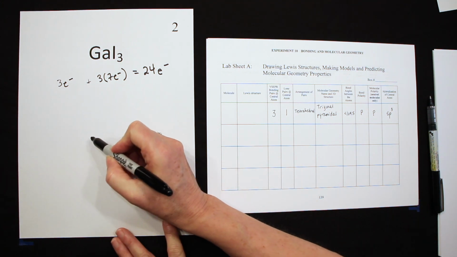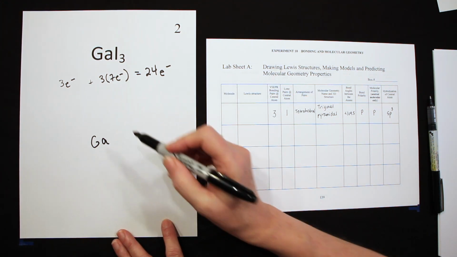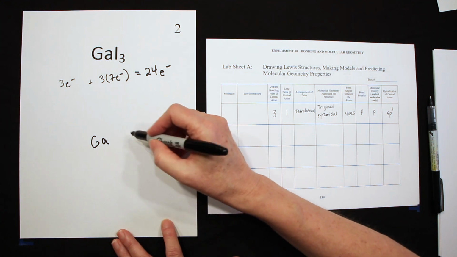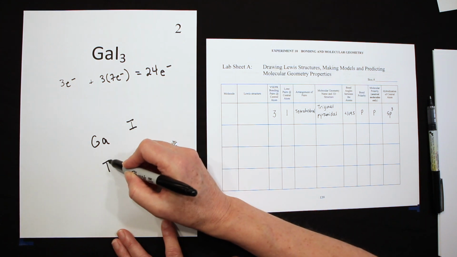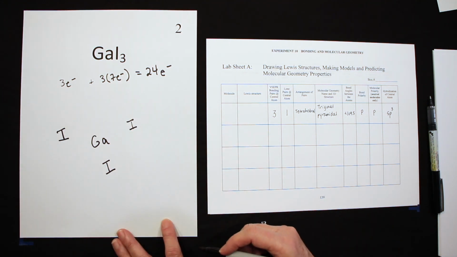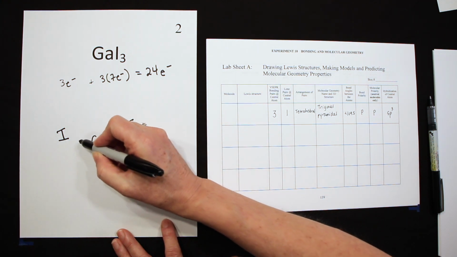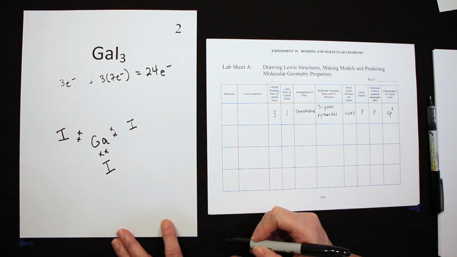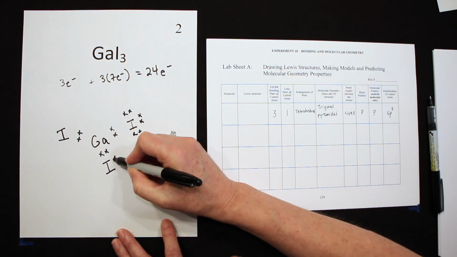We're going to draw a skeletal structure of this molecule. And we're going to put 2 electrons in each bond and then fill the octets of the outer atoms.